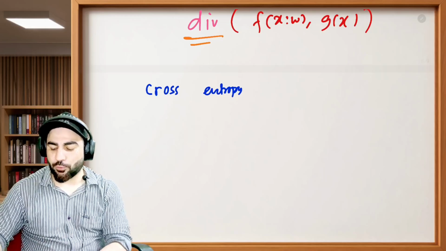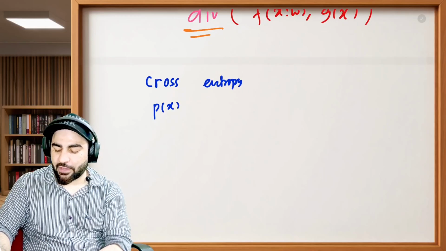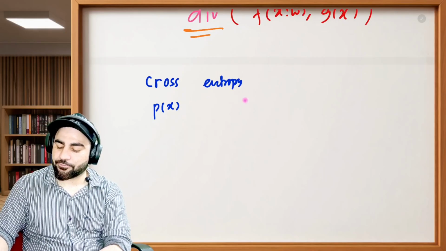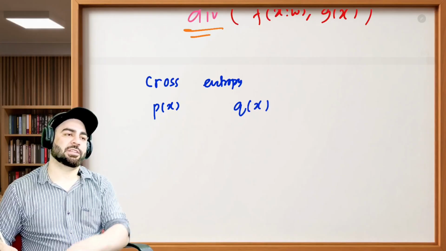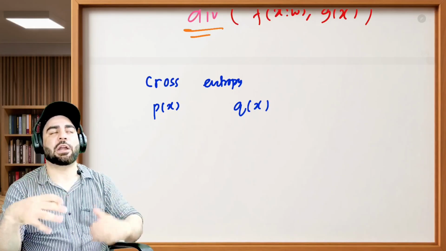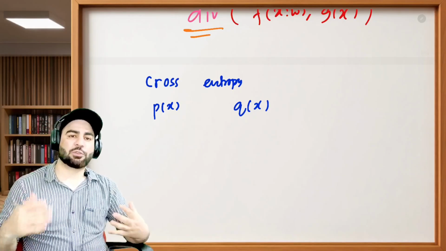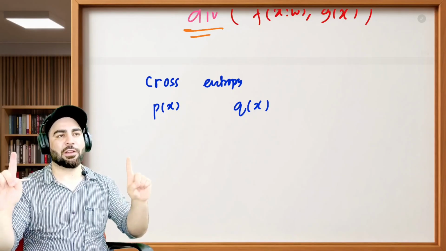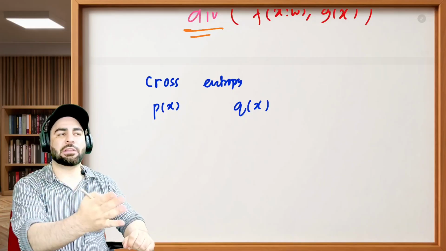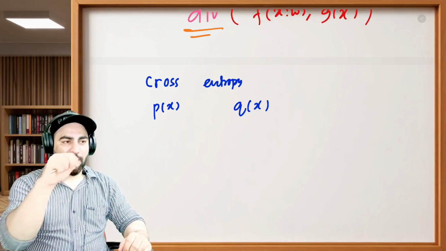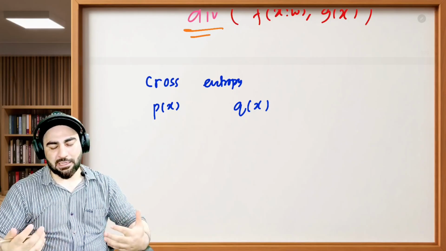Now if you have two probability distributions, P of x and Q of x. In our case, you had some ground reality and you had what the model predicted. As I said, one will be a one hot encoding vector, because you will have all the probability mass concentrated on one class, because it's a multi-class classification problem.